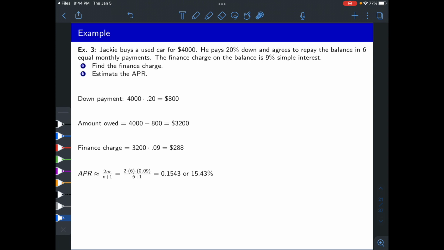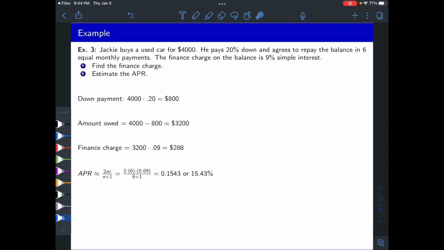All right, and then to estimate the APR, we can use that handy formula again, 2 times N times R over N plus 1. N is the number of payments, and he's repaying the balance in 6 equal monthly payments, so N is 6. The finance charge is 9% simple interest, so R is 0.09 or 9%.